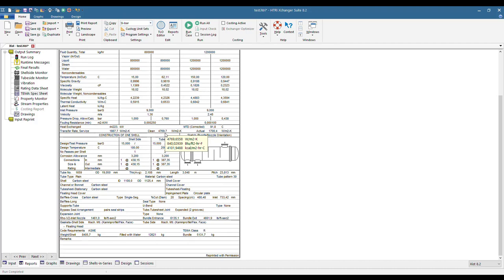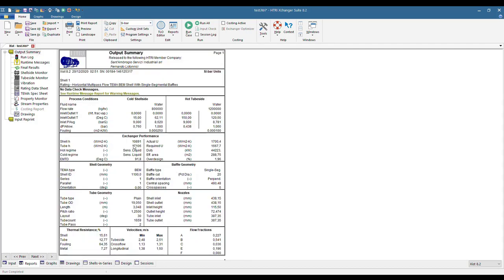This is due not only to the fouling factors, but to the fact that these fouling factors, which are reasonably low, are high if they are compared to the heat transfer coefficients, and you see this better in the output summary, which are 10,000 and 17,000.